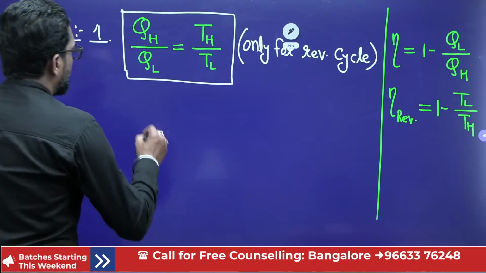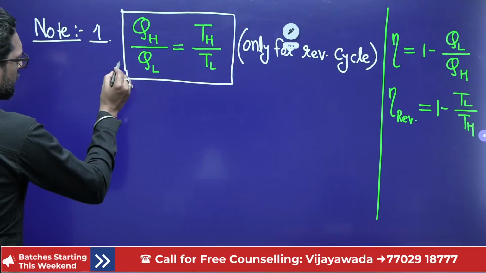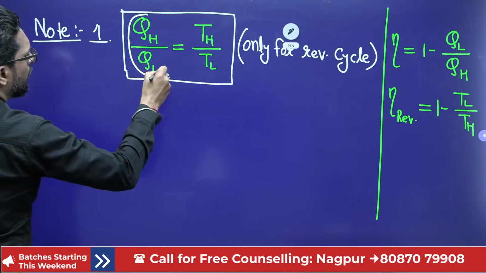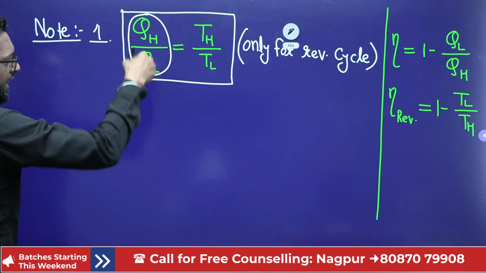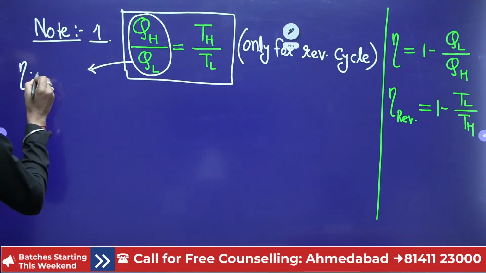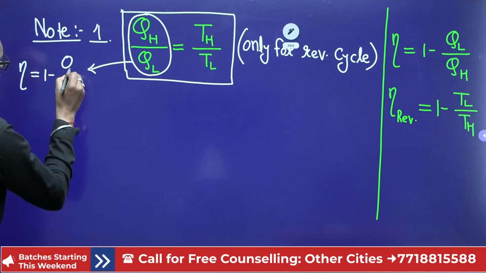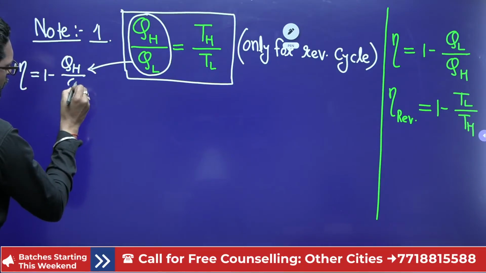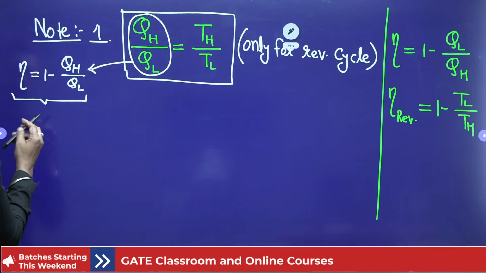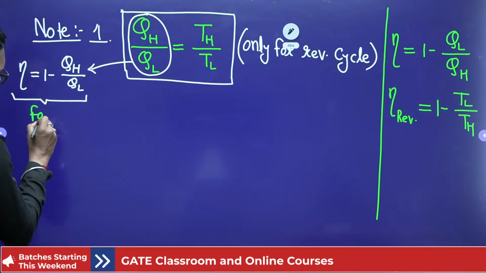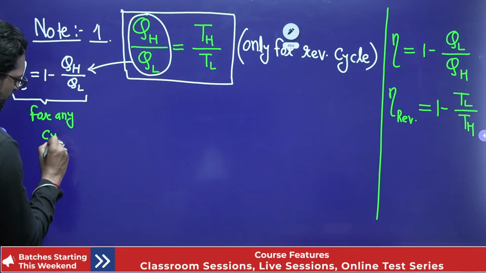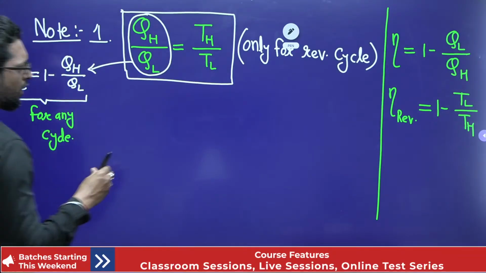That means this ratio is applicable in the form of efficiency. That means efficiency is equal to 1 minus QL by QH, and it is applicable for any cycle, either reversible or irreversible.